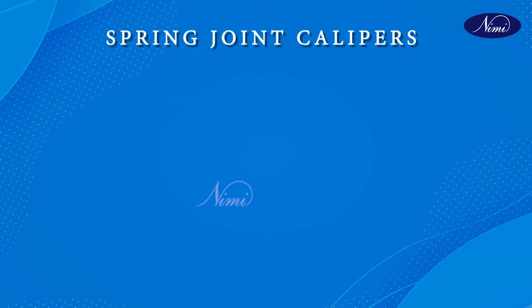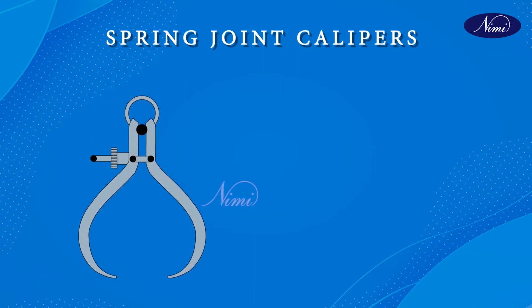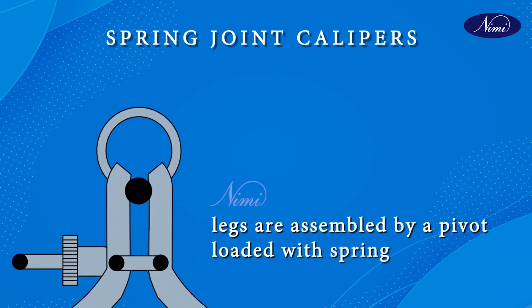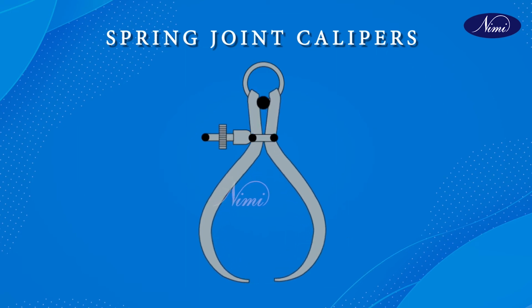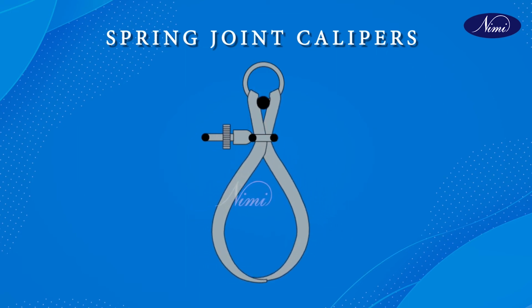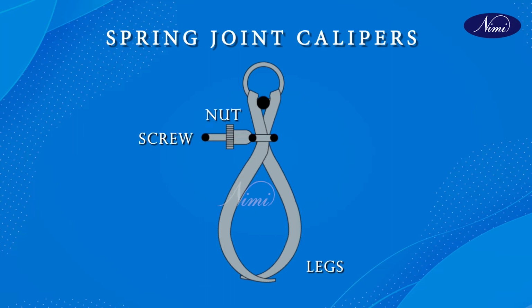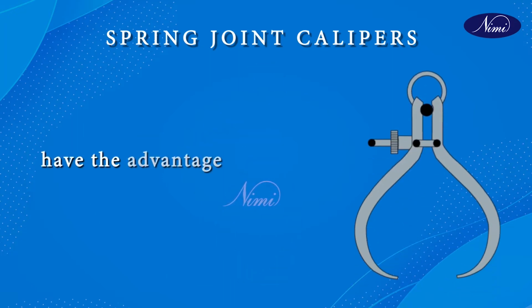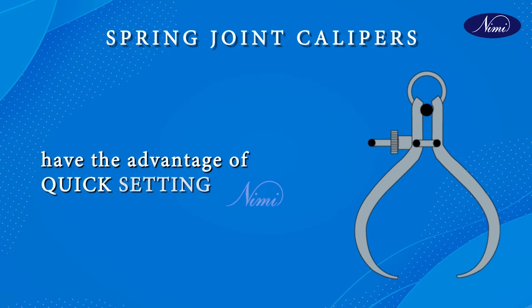Next, spring joint calipers. For this type of calipers, the legs are assembled by means of a pivot loaded with a spring. For opening and closing the caliper legs, a screw and nut are provided. Spring joint calipers have the advantage of quick setting.